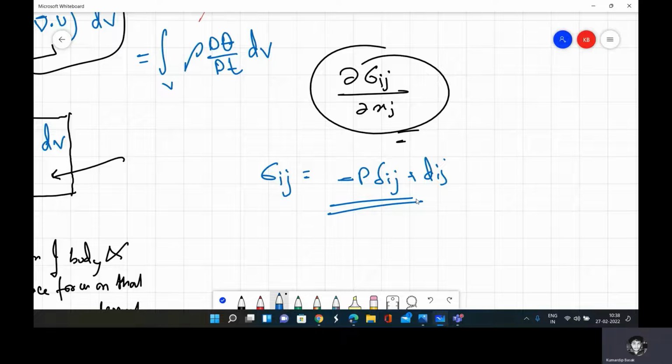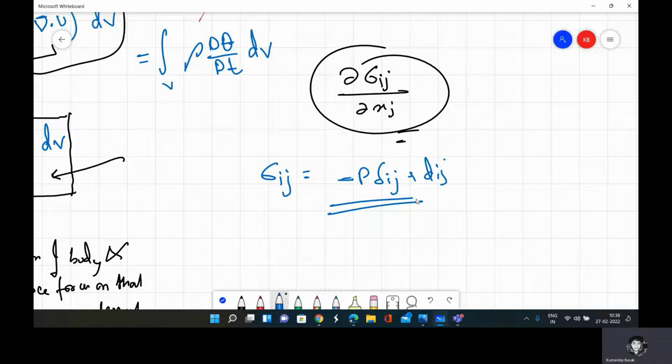So we have to understand sigma_ij totally first, and one part is isotropic, that is pressure. This is simply pressure, we can measure the pressure. But what is this deviatoric part? As you can understand, pressure is the normal force or the normal stress part, but the deviatoric part is the shear stress part.